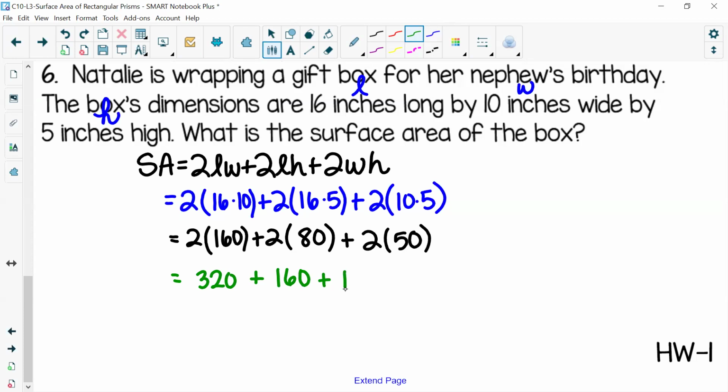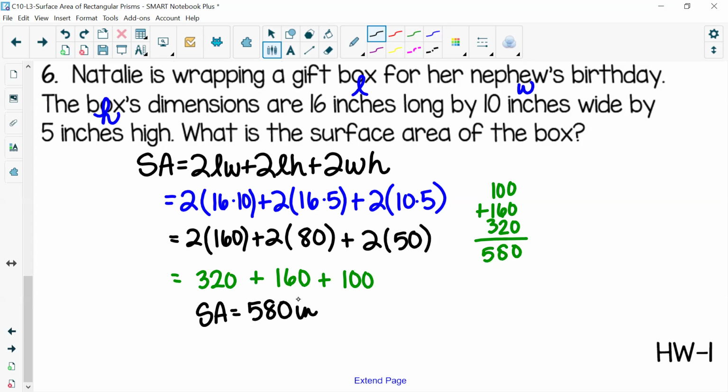And 2 times 50 is 100. So I have 100 plus 160 plus 320, which gives me 580. So my surface area is 580 inches squared. So what is the surface area of the box? Surface area of the box is 580 inches squared.